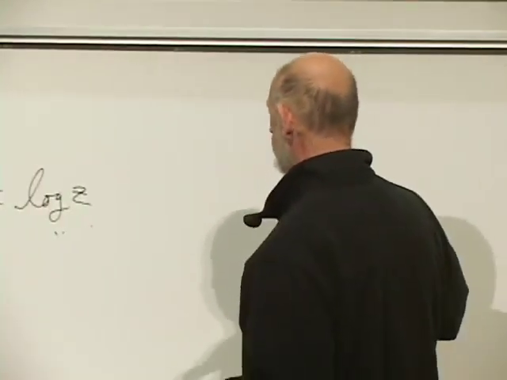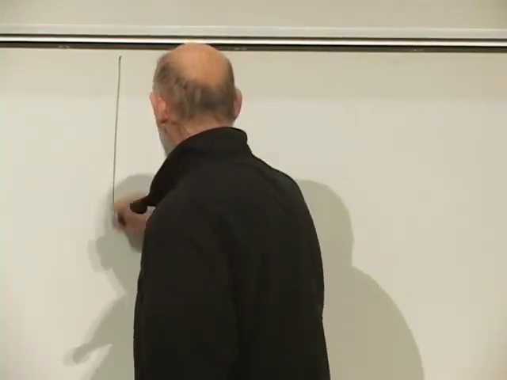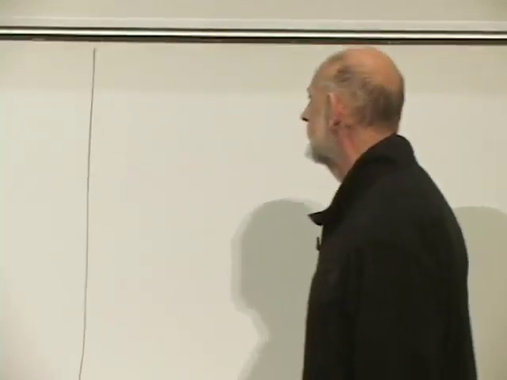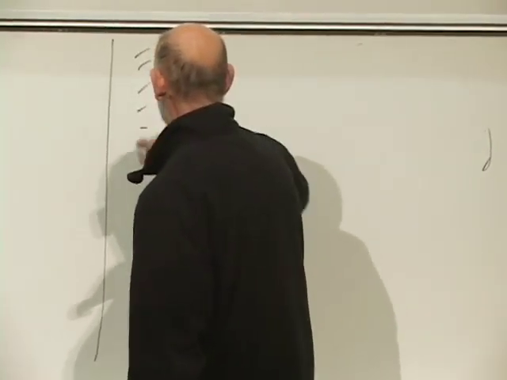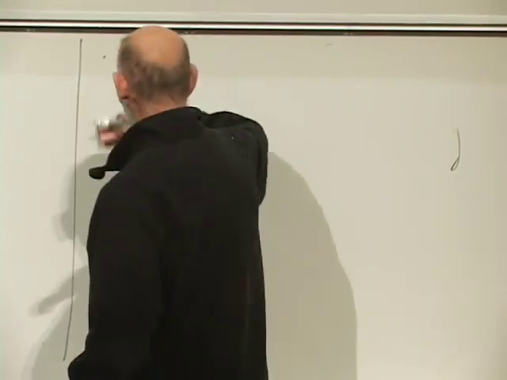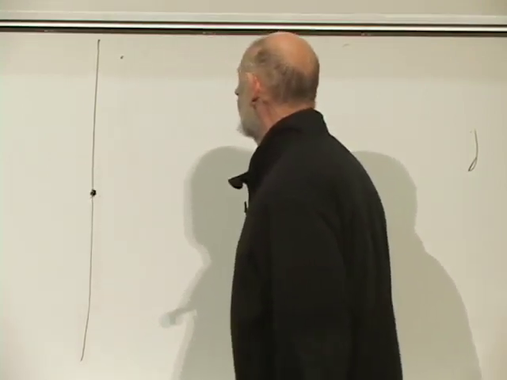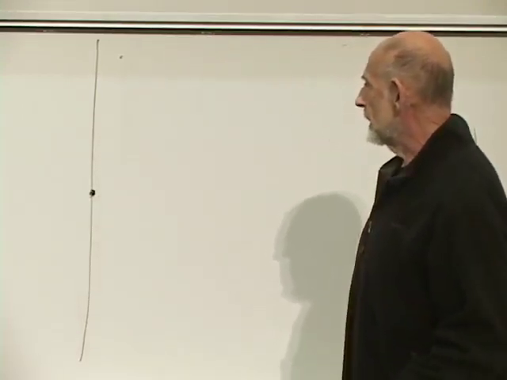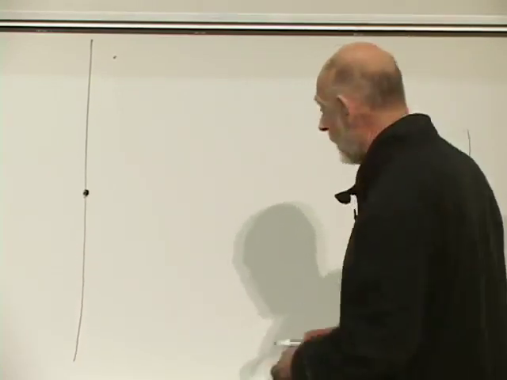In particular, I'm going to apply this mapping to the half plane. The half plane now means take the half plane, which has a boundary. It's the half plane to the right. Here's the origin. And let's see, when we do the mapping, where the points of the half plane go.